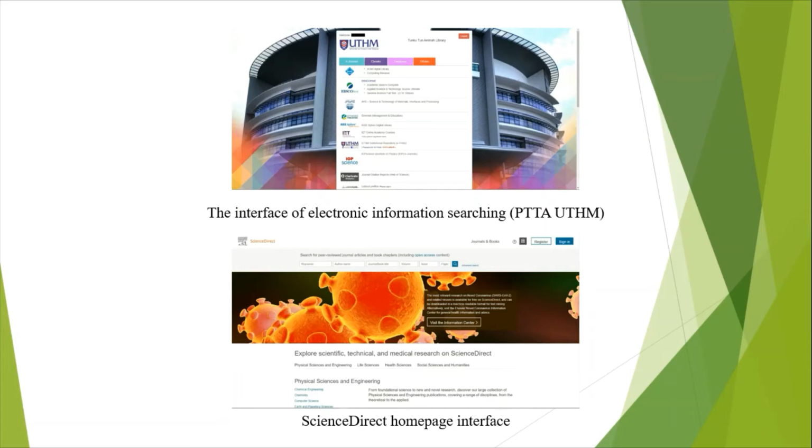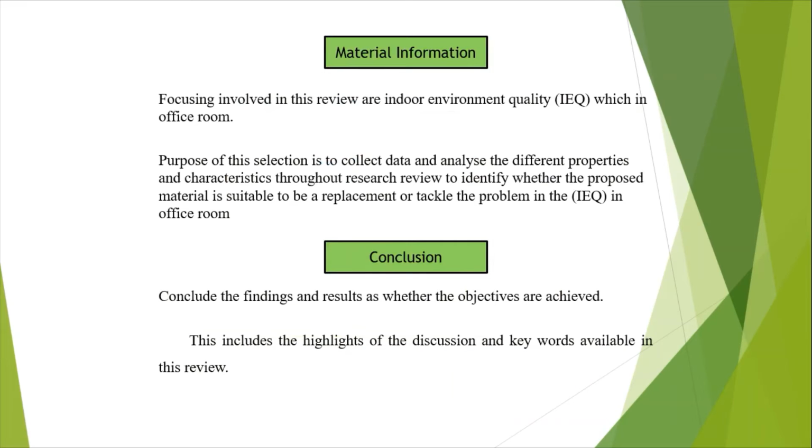We will log in with our student account, and we will get a free login. So we no need to buy or spend money for this searching information.